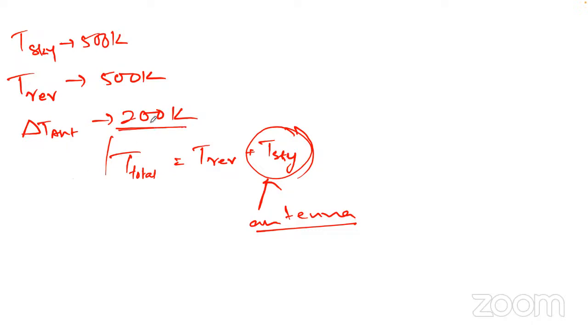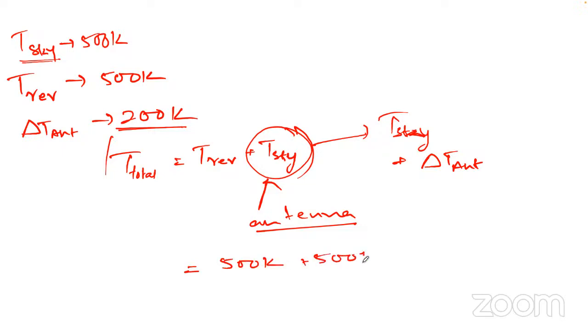So the temperature contributed by the antenna will become T sky plus delta T ant. So this will be 500 Kelvin plus 500 Kelvin plus 200 Kelvin, so around 1200 Kelvin.